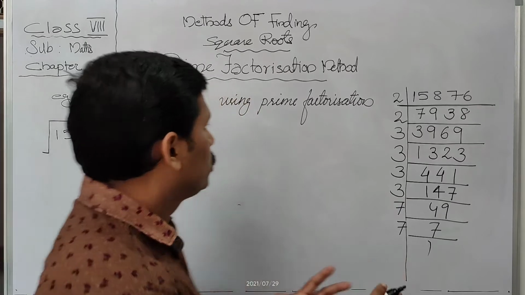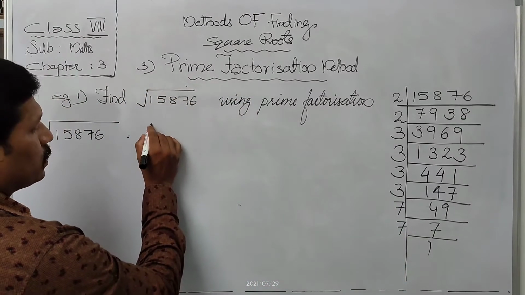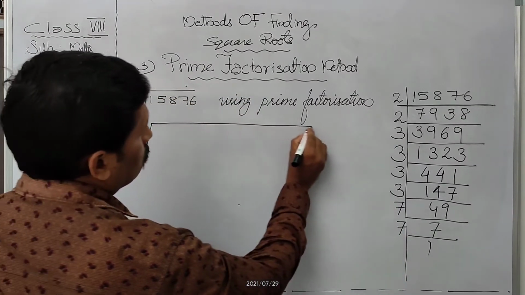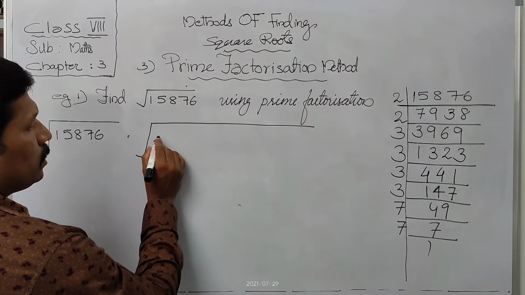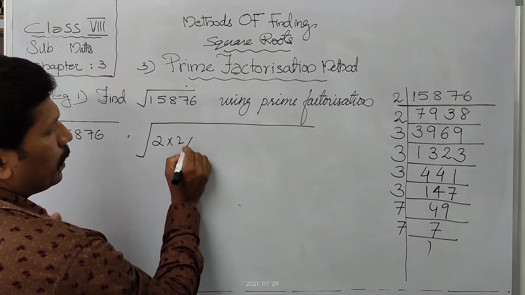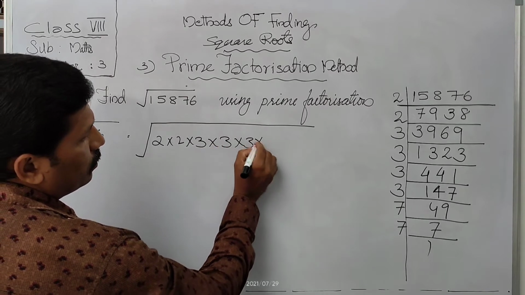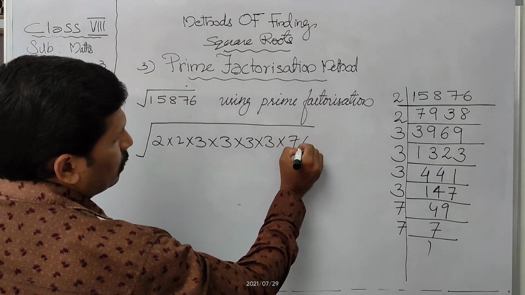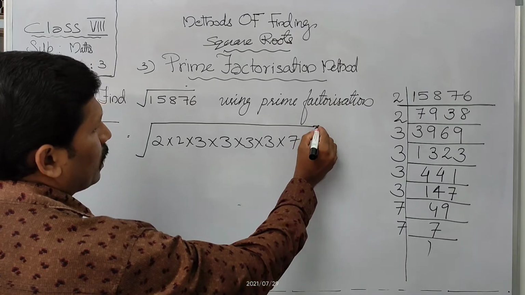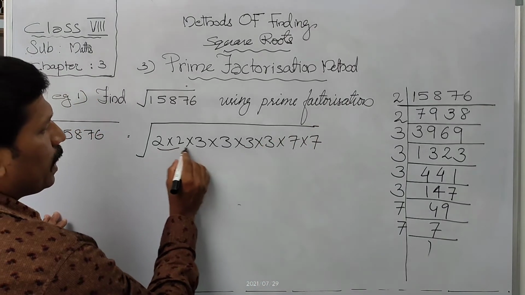Now what we are going to do is that we are writing all these prime factors. Here 2 into 2 into 3 into 3 into 3 into 3 into 7 into 7. All the prime factors we have written, and now we are pairing this.